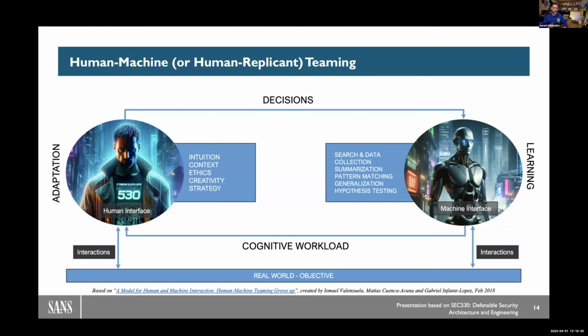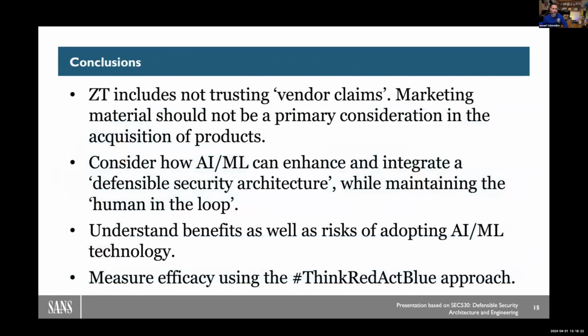And very briefly, this is something I did in 2018, working with some data science and big data PhDs. We talked about human-machine teaming: what the human is best at, what the machines are best at. That's our goal, to complement the machine and become better defenders by using these tools, knowing where they can fail.